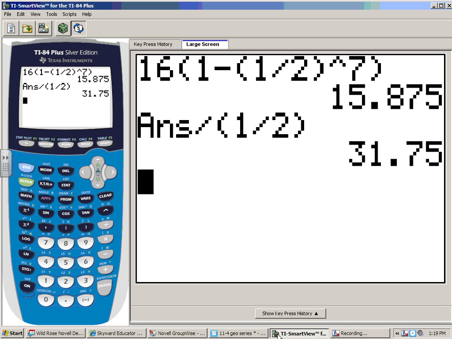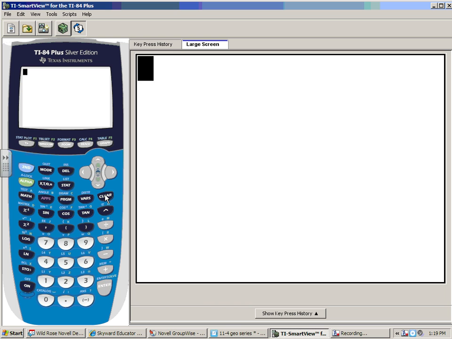Okay, so let's clear this out of here. I got to just hit clear, no big deal there. And so what do we got there? A 4, and then a parenthesis, and 1 minus, parenthesis. Now, for the negative 1/2, be careful. I don't want to subtract 1/2 necessarily. I want it to be a negative 1/2. So you're going to have to hit the one down at the bottom here in white.